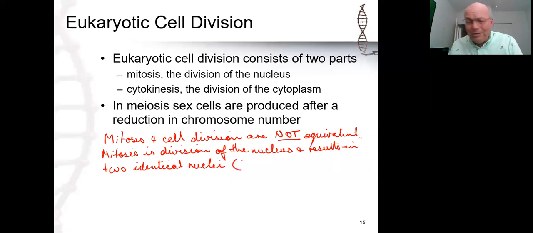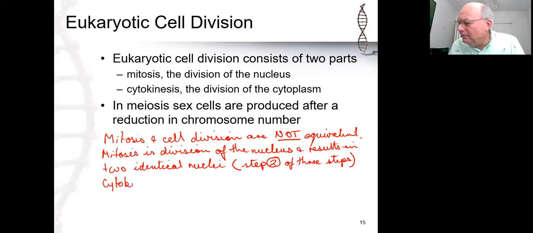And if you want to know what this is, it's step 2. Hopefully you remember that. Step 2 of the 3 steps. Cytokinesis is the actual division of the cell.